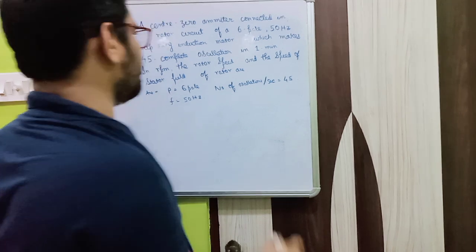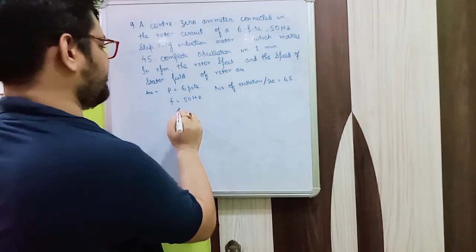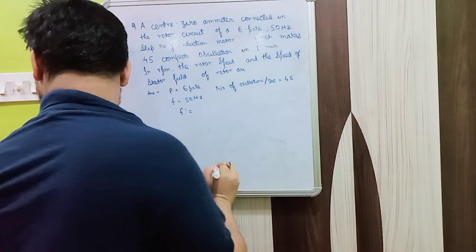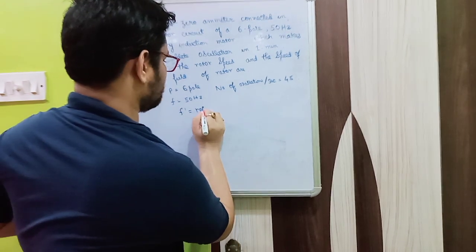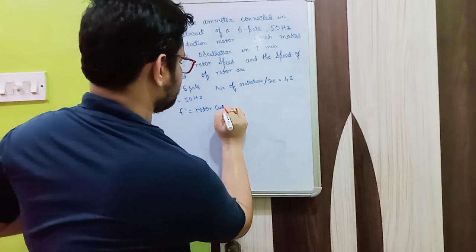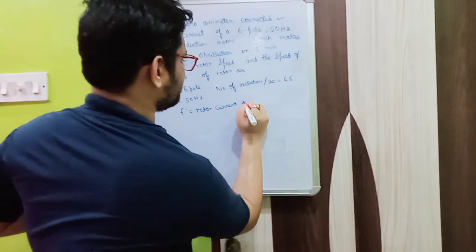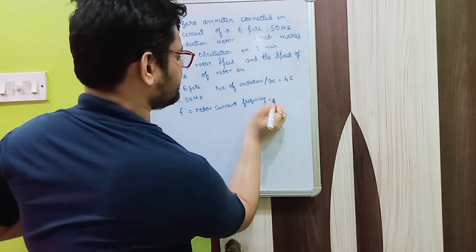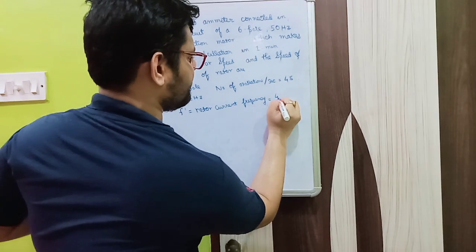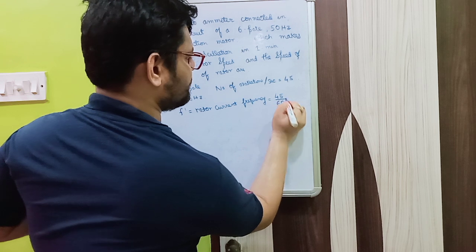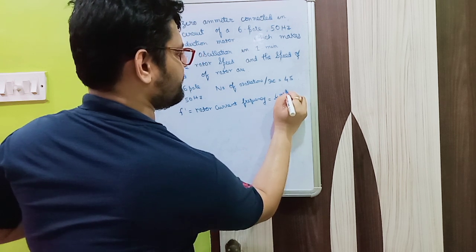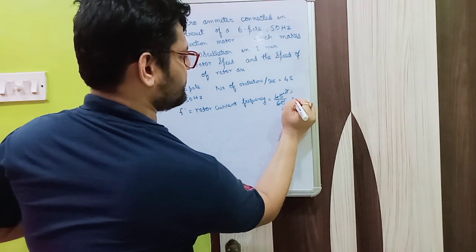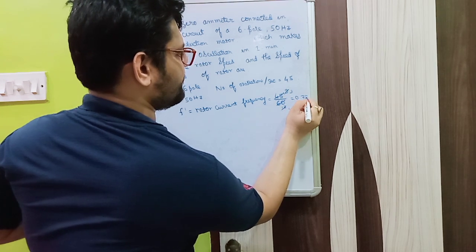So now we are going to find out f dash. f dash is nothing but the rotor current frequency, that is 45 divided by 60, which is 0.75.